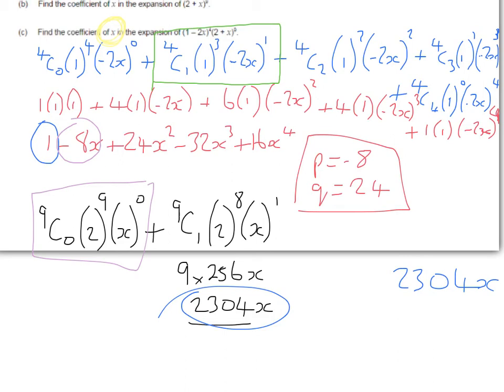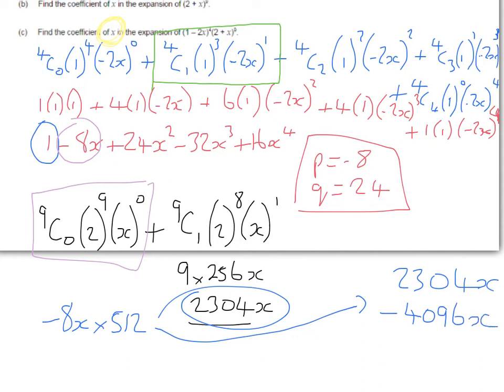So I've also got the case when I've got minus 8x multiplied by 512. That's going to give me another value, which I'll write over here, of minus 4096x.